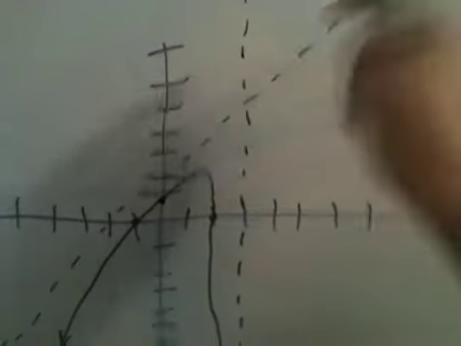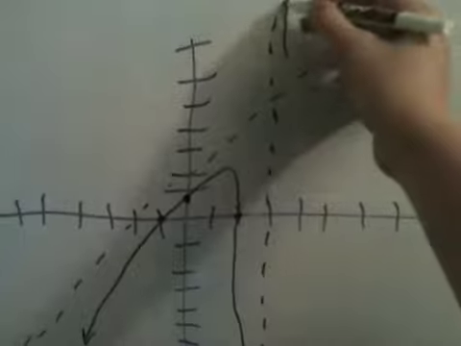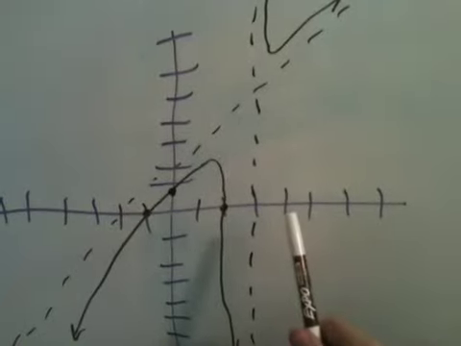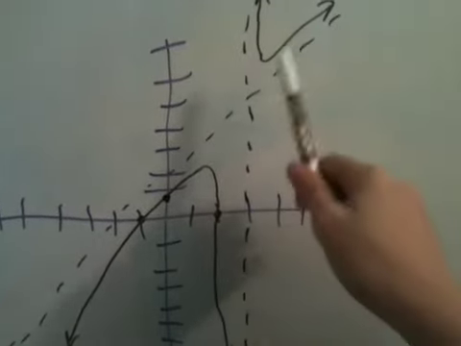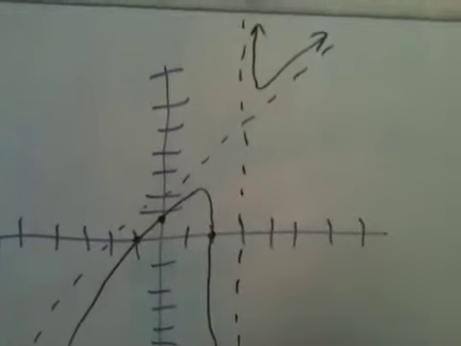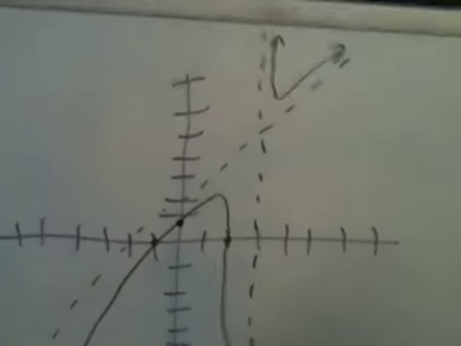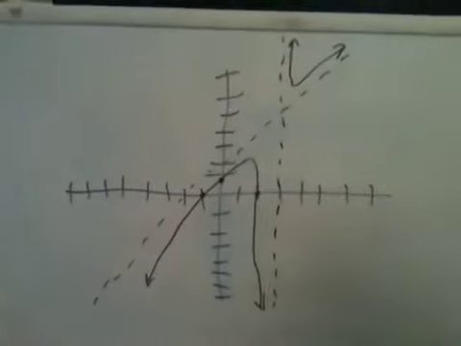This up here is the only place I have left. So that's where my graph is. We could also plug in some points, like we could plug in 4 and we'd get something up here, and that would let us know that that's where our graph is. But the way we find slant asymptotes was we did that long division to see what is the equation of the line of our slant asymptote.